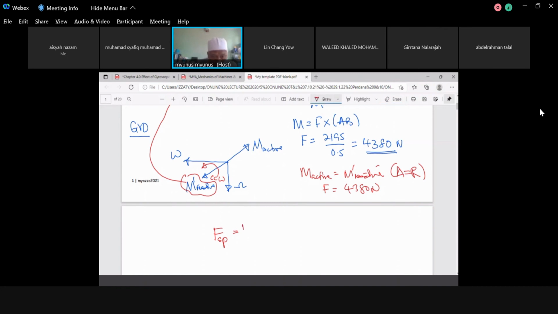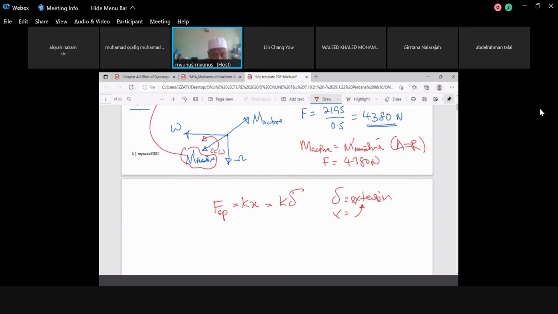Put it just kx, but basically it's k delta, where delta is equal to the extension, or your x is also equal to the extension. So your delta now is equal to the F that you calculated earlier, 4380, divided by the k. They provide you the k. What is the k? 120 kilonewton, times 10 to the power 3.